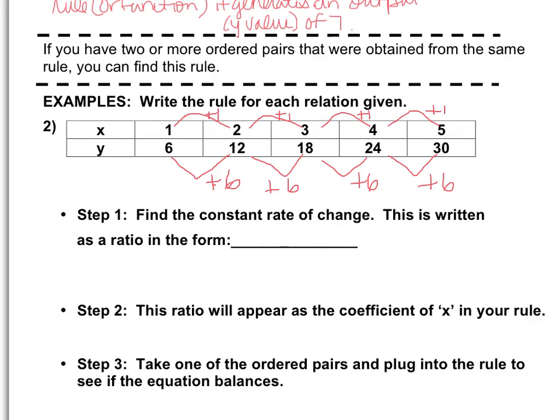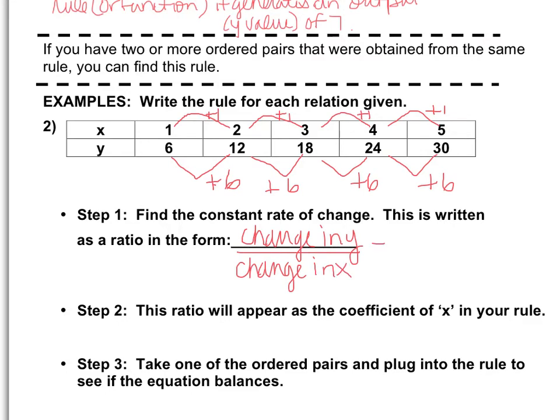We've already done this a little bit, but we were working the other way around. I was giving you the rate of change, and you were having to build a table. Well, now we're given a table, and we have to work backwards to figure out what our rate of change is. The rate of change will always be written as a ratio, and it's the change in the y values over the change in the x values.